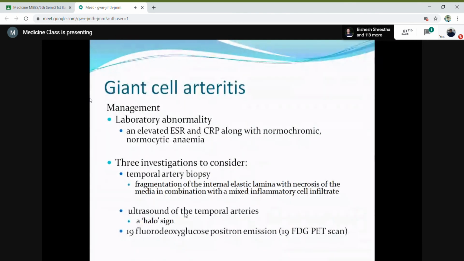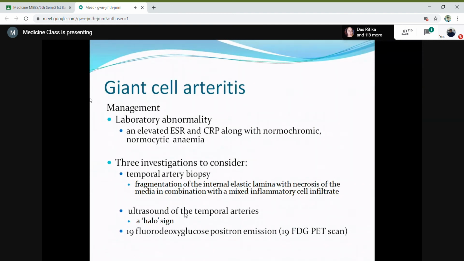For the management, what investigations do we have to do? Laboratory abnormalities include elevated ESR and CRP along with normocytic normochromic anemia. Three important investigations to consider: first, temporal artery biopsy, where we can see fragmentation of the internal elastic lamina with necrosis of the media in combination with mixed inflammatory cell infiltrates.